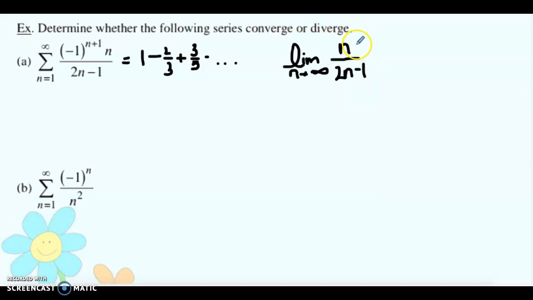So we're dividing each term by n, because that's our highest power in the denominator. And as n goes to infinity, our numerator is 1 over 2 minus 0. So this equals 1/2, which does not equal 0.